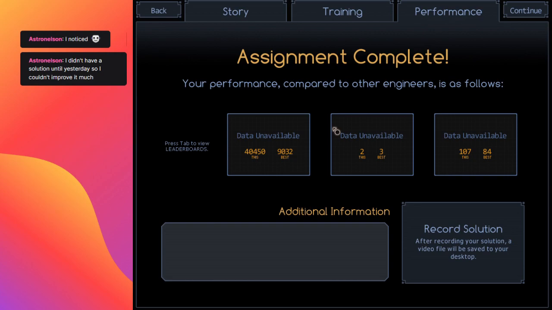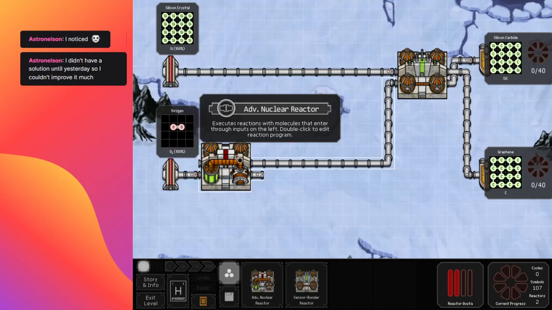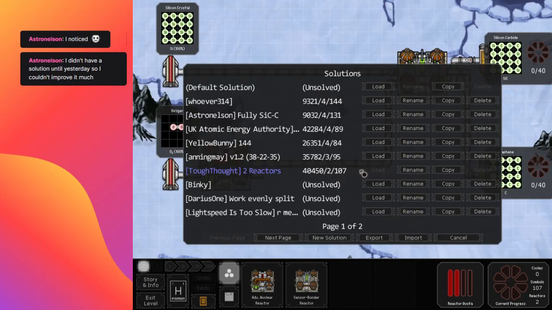We'll see that the 2-reactor solutions don't get too much below 20,000 cycles. But at the end of the day, 107 symbols, but 2 reactors means that this is 127 metric. And that is 6th place.